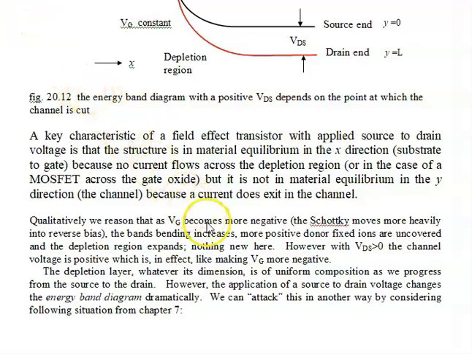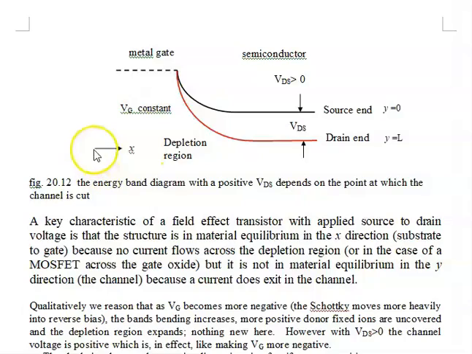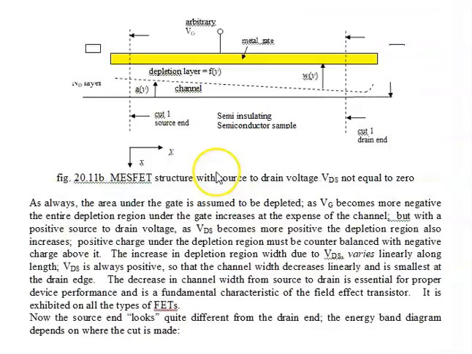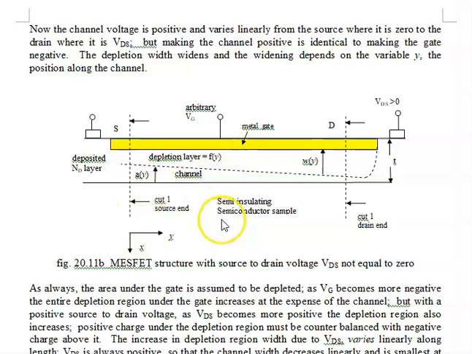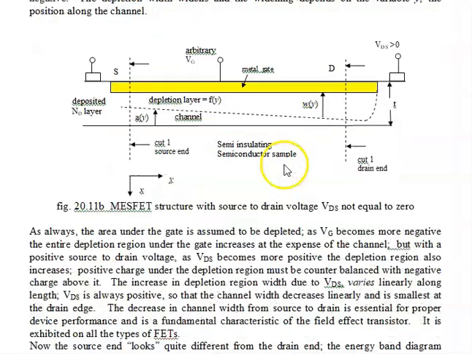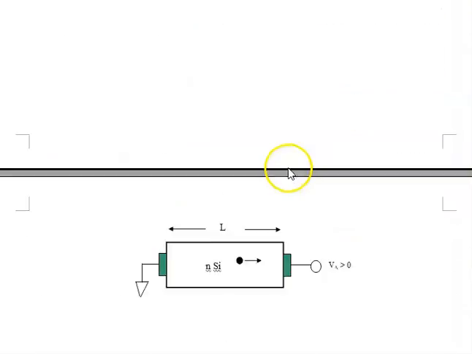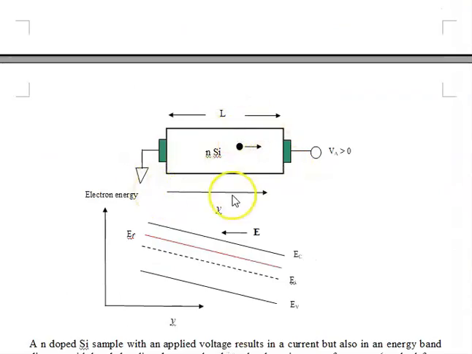And just one more way of looking at this non-equilibrium in the y direction. Here, of course, is the energy band diagram, so I have x as the horizontal, but in the cutaway, I have y as the horizontal because this is a sort of a schematic of what's going on. So if I look in the y direction, it's exactly like I have a conductive material with two connections, source, drain, and applied voltage between them.